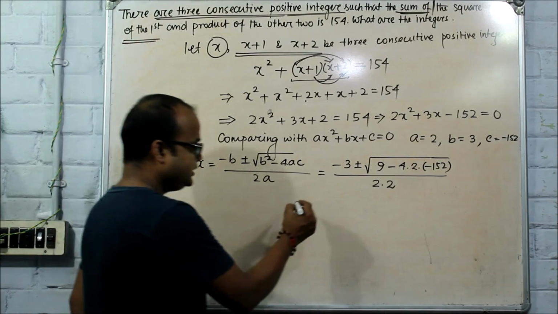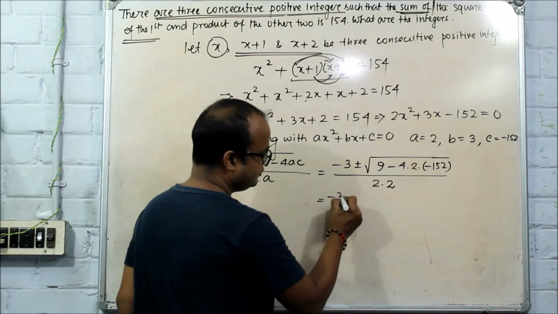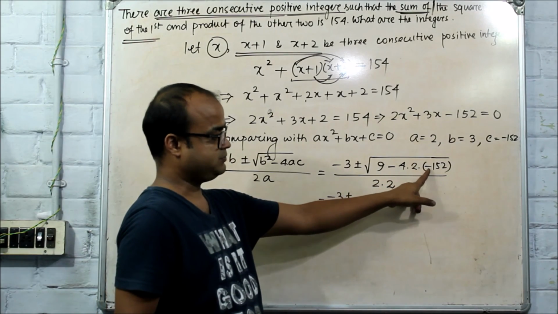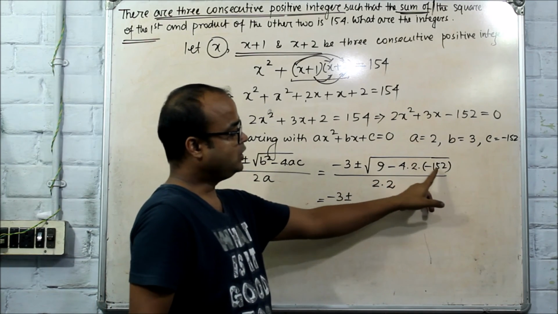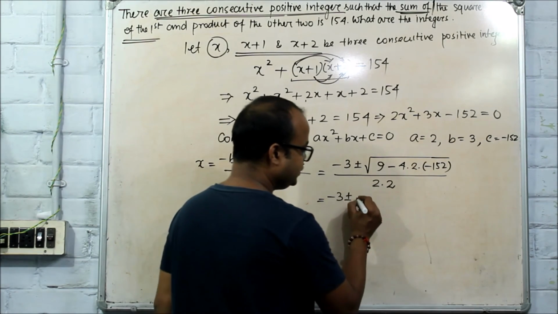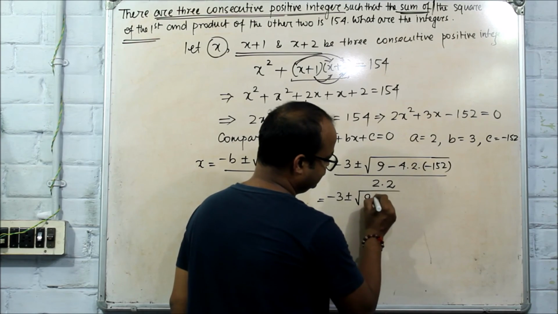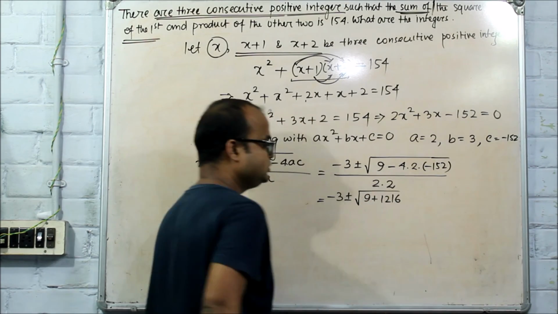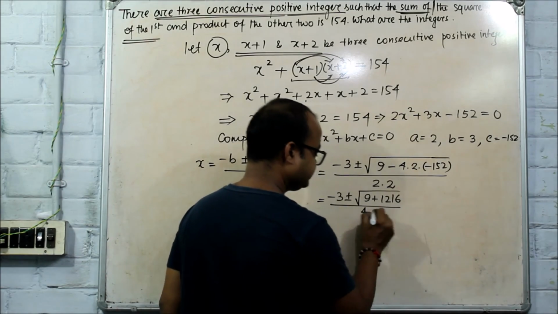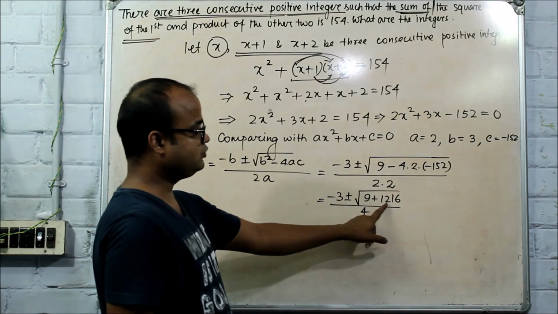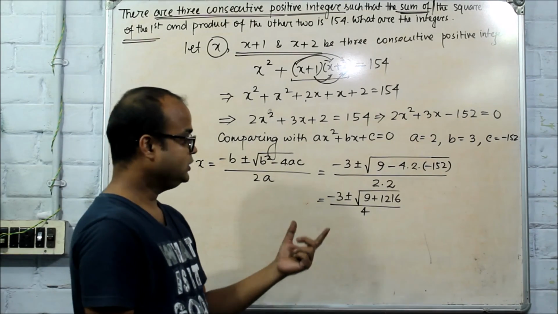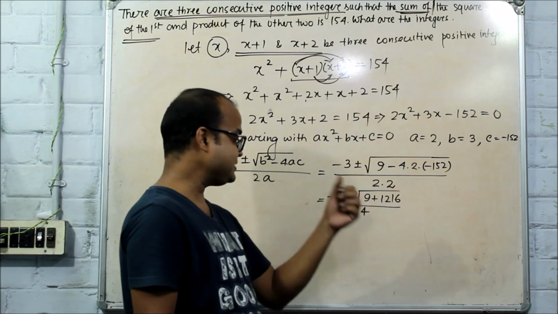Clear? Let us simplify further. So minus 3 plus minus, minus of minus plus, 152 into 8, it will be equal to 1216, by 4. So it will be 1216 plus 9, which is equal to 1225, and the square root of 1225 is 35.